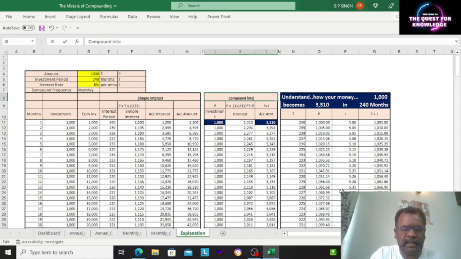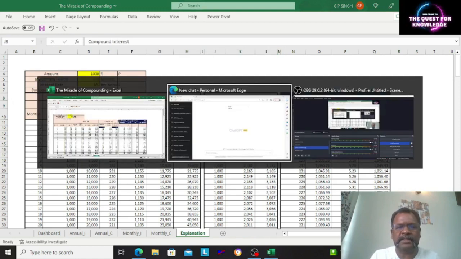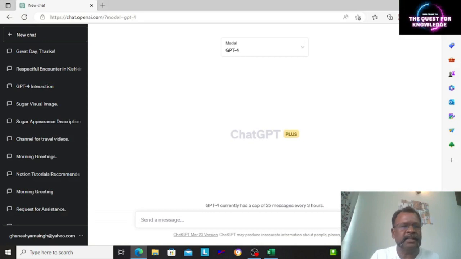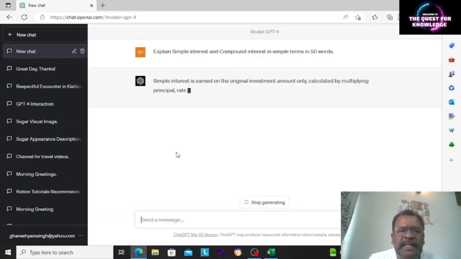So before that, let's understand the definition of simple interest and compound interest. For that, I'll take the help of ChatGPT. Explain simple interest and compound interest in simple terms in 50 words. Okay, so let's see what it says.